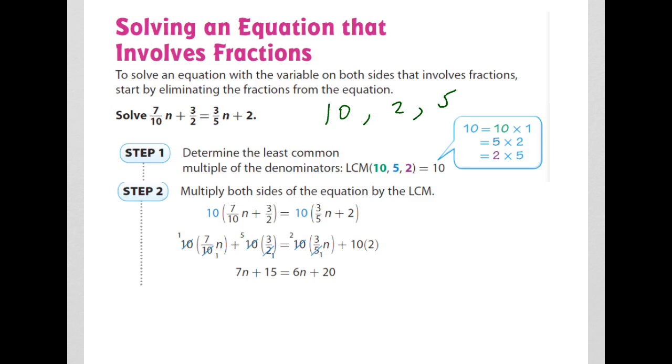And we can also look at that plus 2 as 2 over 1, so we see a denominator of 1. So how do we find the least common denominator, or the smallest number that each one of these 10, 2, 5, and 1 will divide into equally?